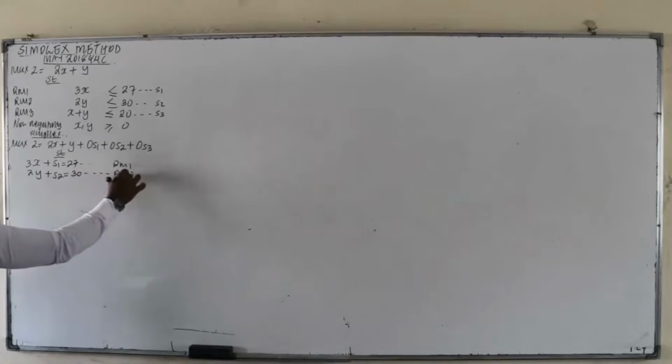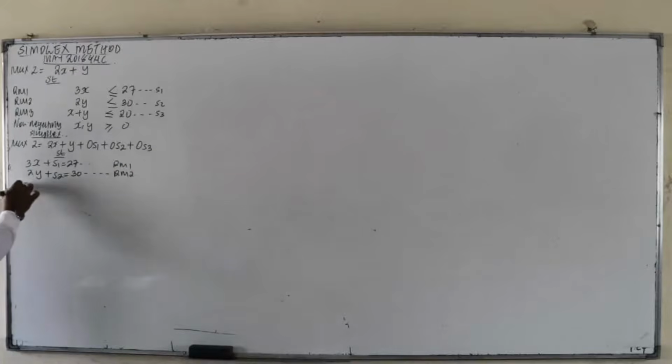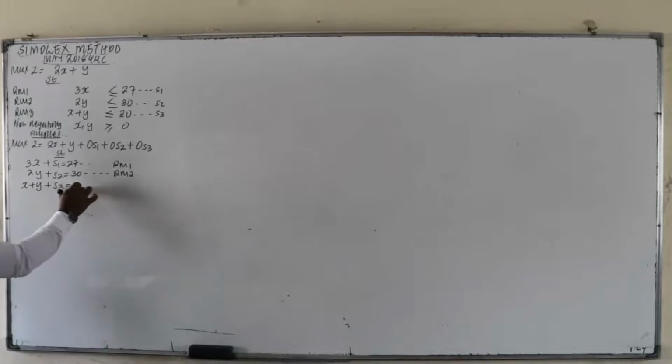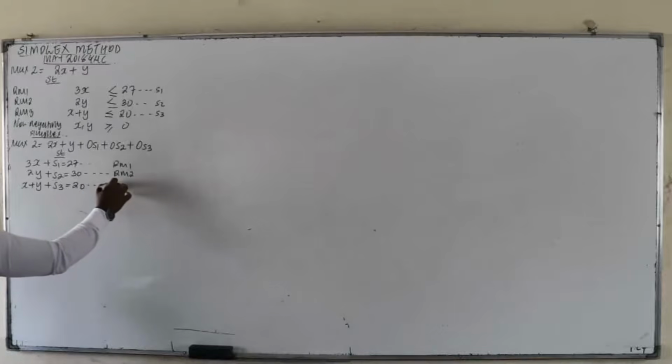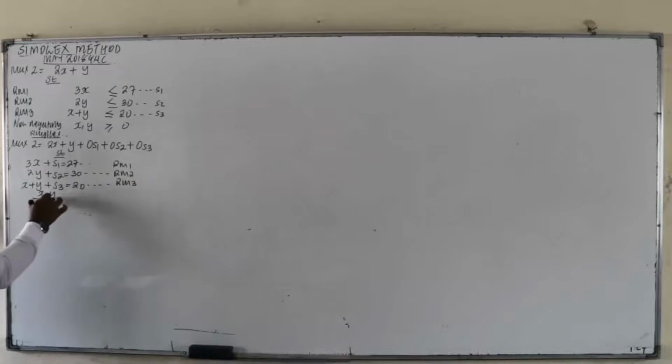That's for raw material 2. And then X plus Y plus S3 is equal to 20. And that's the raw material 3. X, comma Y should always be greater or equal to 0. That's non-negativity. Then the next step, you come up with the first or initial table.